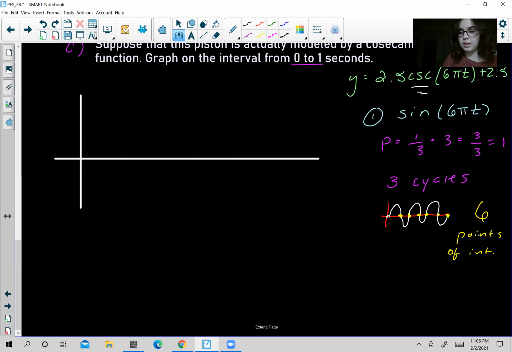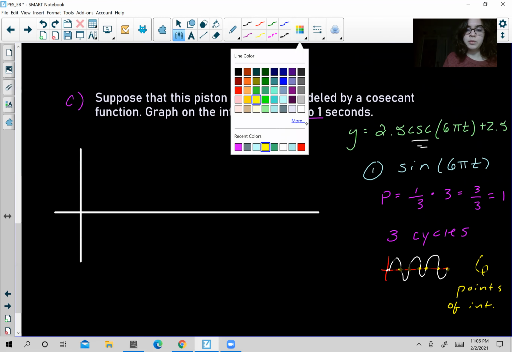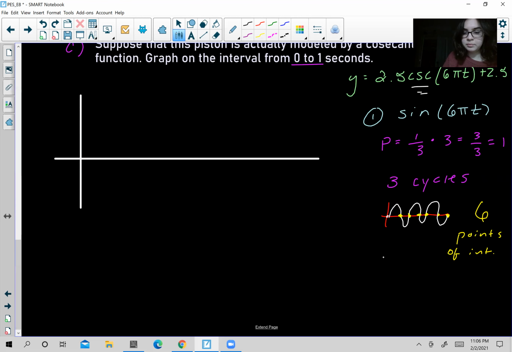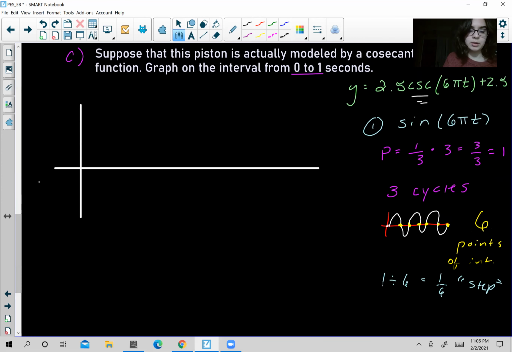And that's going to help us scale our axis. So we can do 1 divided by 6, which means we're going to get 1/6 for our step. That's just how much we're adding each time as we go along the axis. So let's go ahead and put 6 points on here.